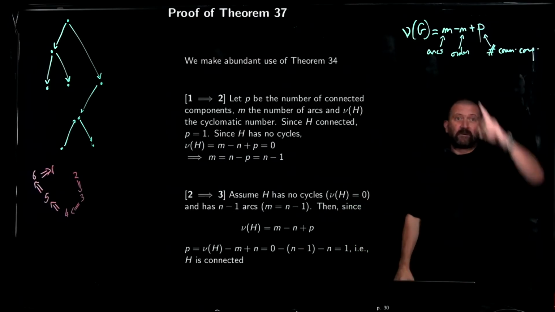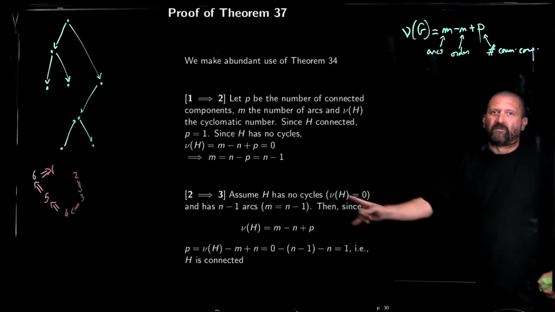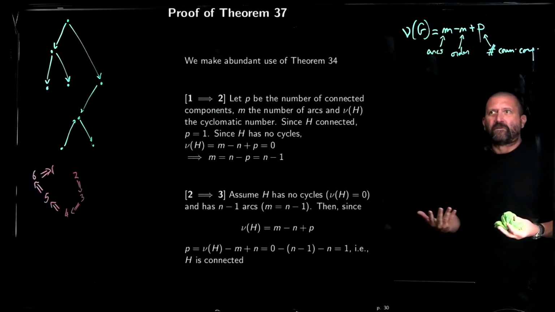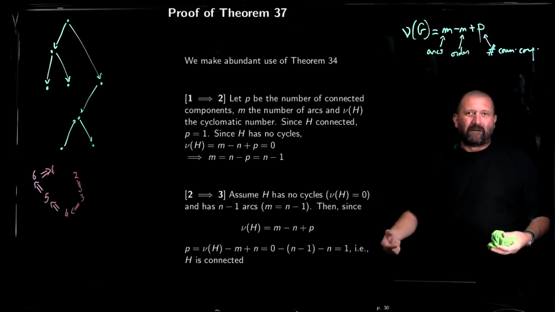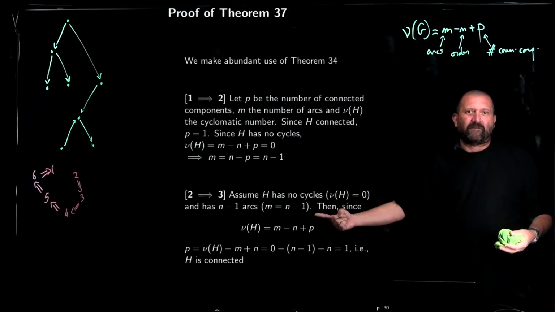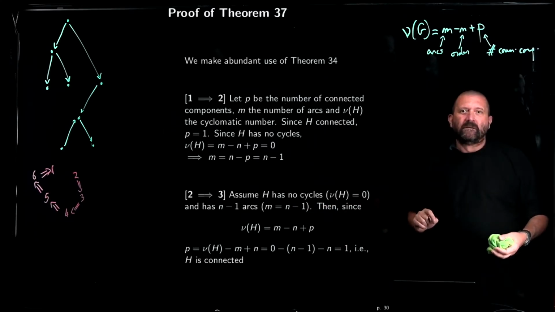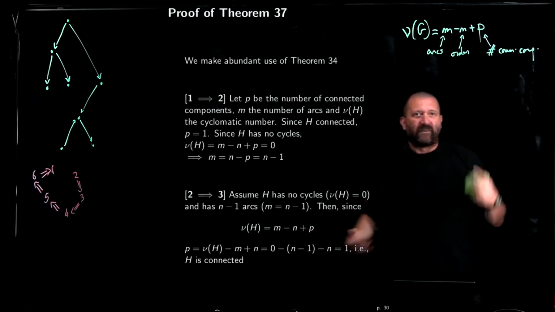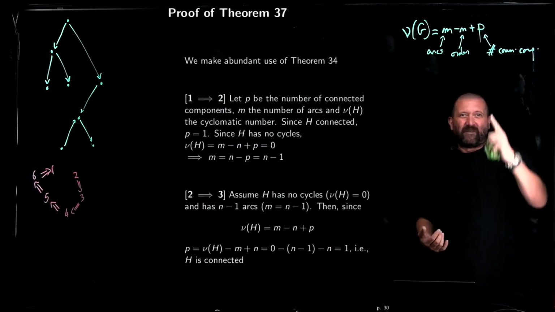And again, we're going to use the cyclomatic number and that formula here. So if I have no cycles, nu of H is 0. And if I'm assuming it has n minus 1 arcs, then I use the formula, and right away I find that this time I want to see that the graph is connected. That means there's only one connected component.